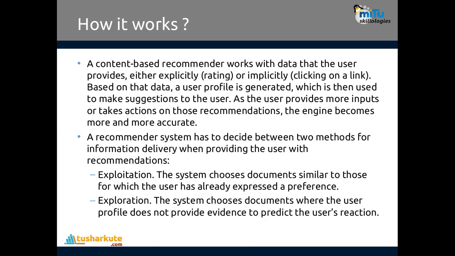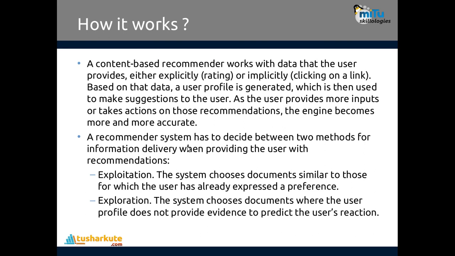Now the content based recommendation system works with the data that the user provides, either explicitly rating or implicitly clicking on a link. Based on that data, the user profile is generated, which is then used to make suggestions to the user. As the user provides more inputs or takes actions on those recommendations, the engine becomes more and more accurate.